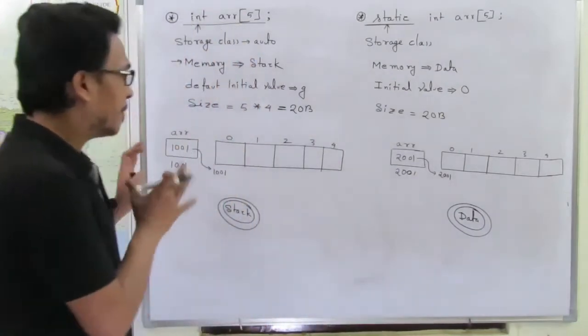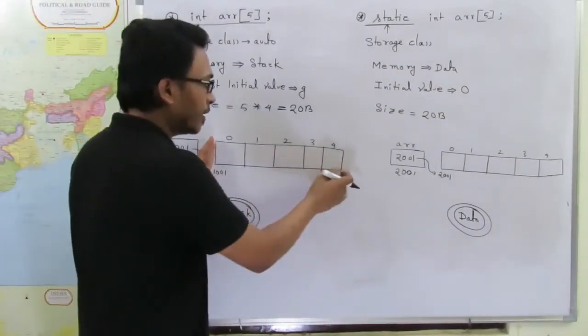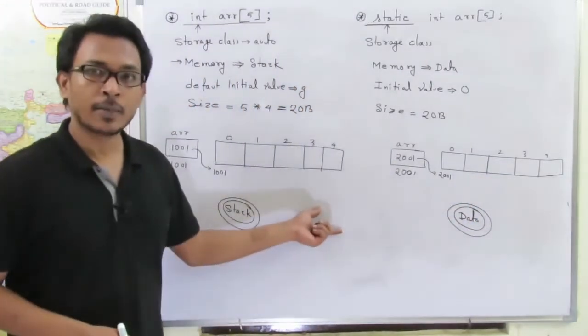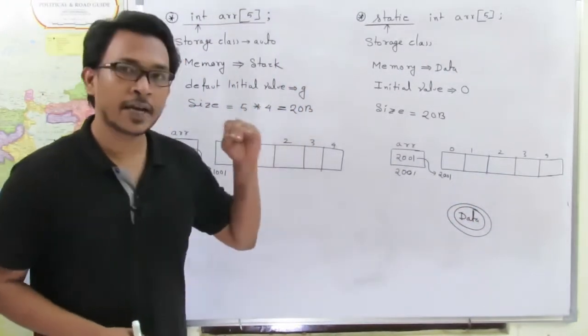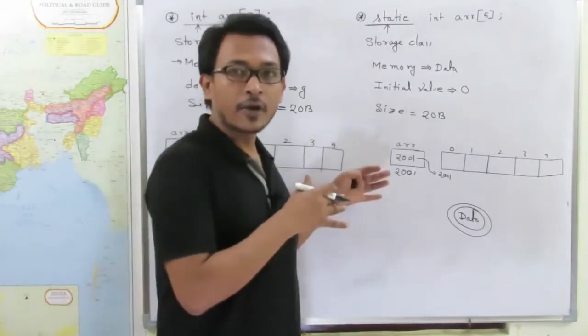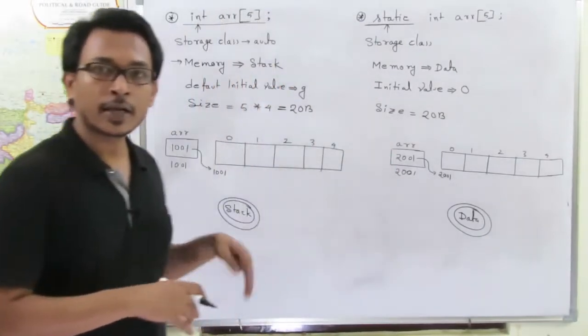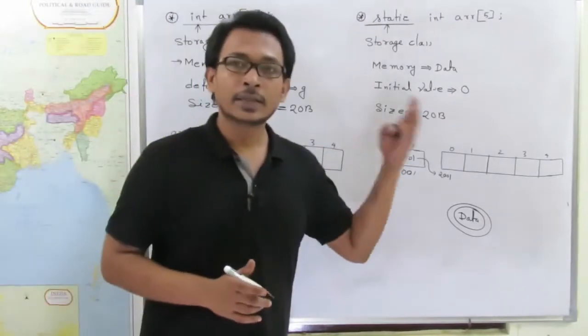Look, the same number of bytes is allocated. Here also 20 bytes allocated, here also 20 bytes allocated, but the space in memory from where this block is allocated is different. Because of that, the initial value will also change.